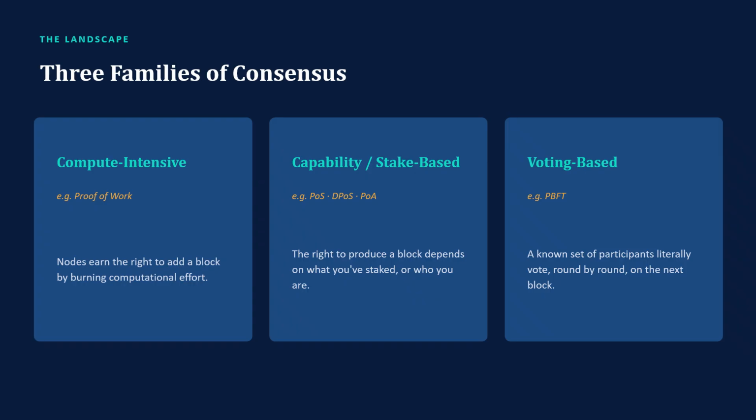Capability or stake-based mechanisms like proof of stake, delegated proof of stake, and proof of authority, where the right to produce a block depends on what you have staked or who you are. Voting-based mechanisms like practical Byzantine fault tolerance, where a known set of participants literally vote round by round on the next block.